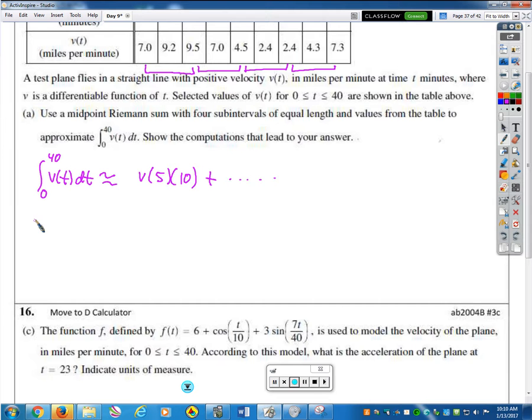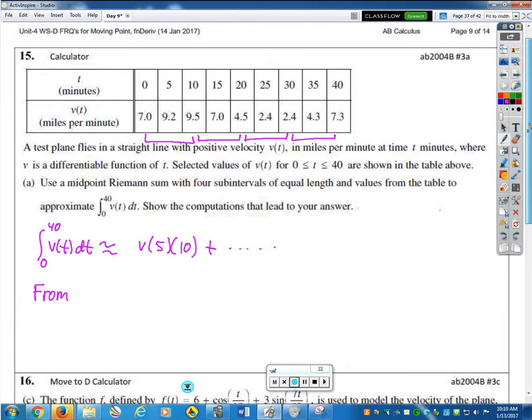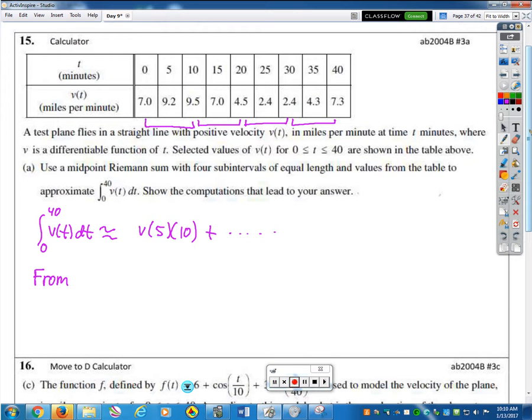I could say from, let's see, I've got to use units for everything. I can't forget any units. From t equals 0 minutes to t equals 40 minutes, the plane travels, I think 1L, right?